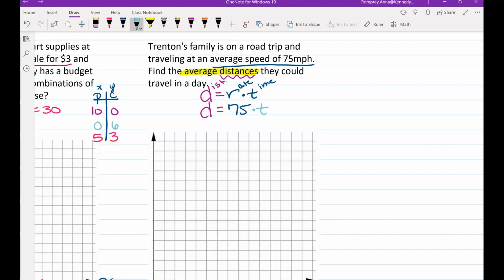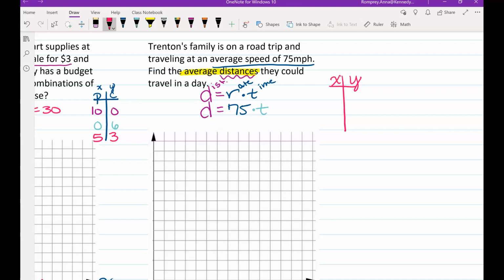Now, when we're going to find our ordered pairs, it only wants 3. What we need to think about is who is the input and who is the output. So phrase it in a way asking who depends on what. Does the distance depend on the time or does the time depend on the distance?